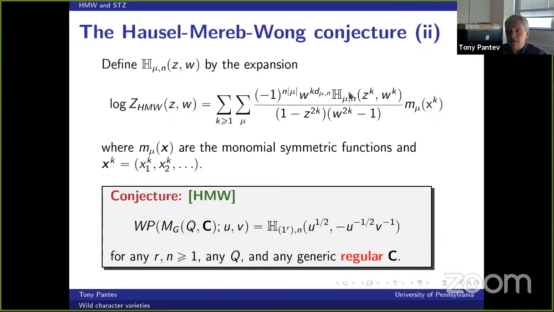One is the stackiness, the other is the derived structure. And you can ask whether the non-abelian Hodge correspondence extends to give you something like a differentiable stack isomorphism or a homomorphism of topological stacks or something like that.